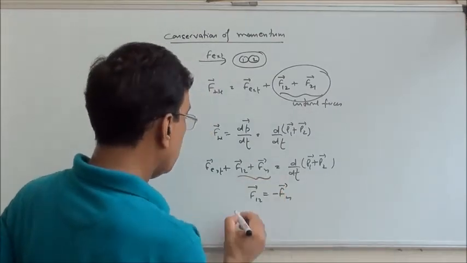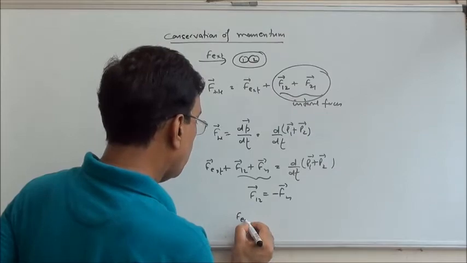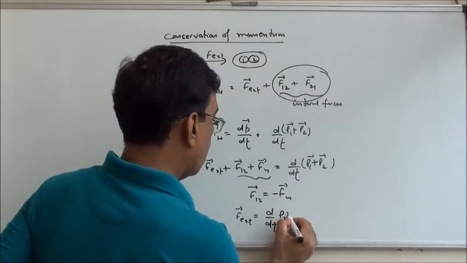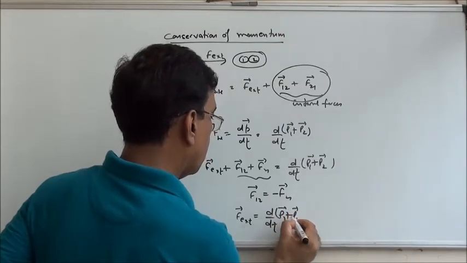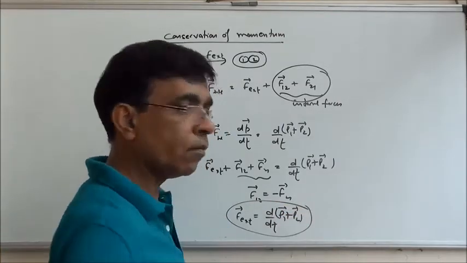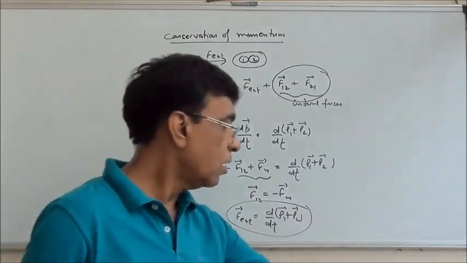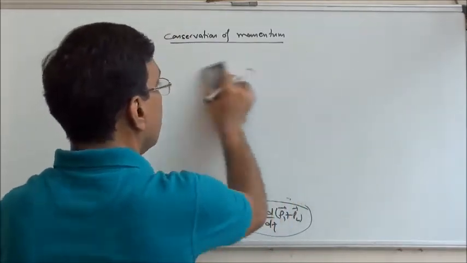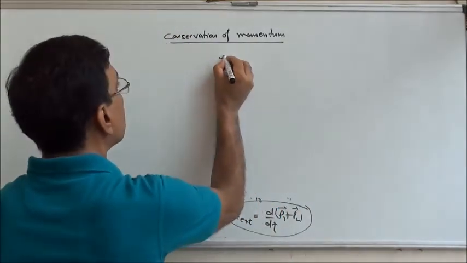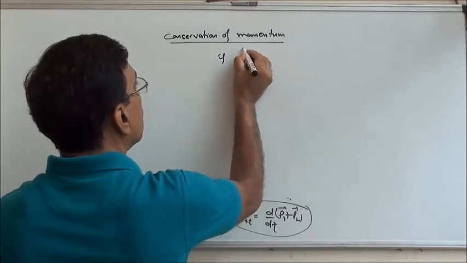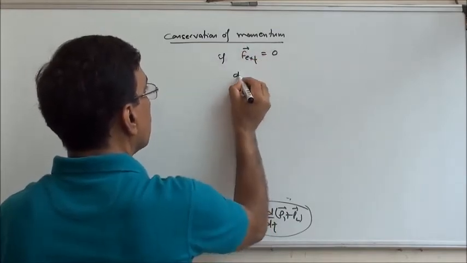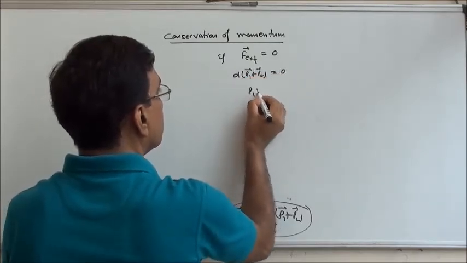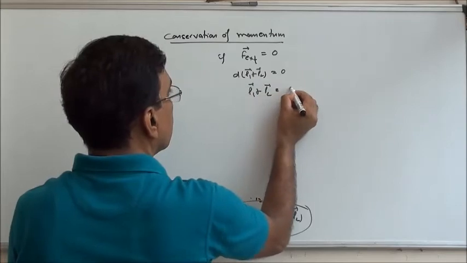So it reduces to F external, and internal forces don't occur in it. So how can I state this now? If F external is 0, then d(P1 plus P2) is 0, which means P1 plus P2 is constant.